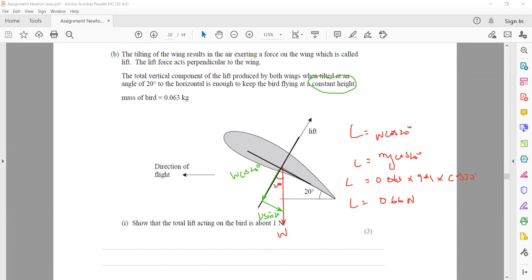This is the direction in which, because it is at a constant height, or at a fixed height, it's not going upward, but this W sin theta is responsible. Basically, this is the direction in which it is accelerating. So W sin theta is responsible for its direction of motion.